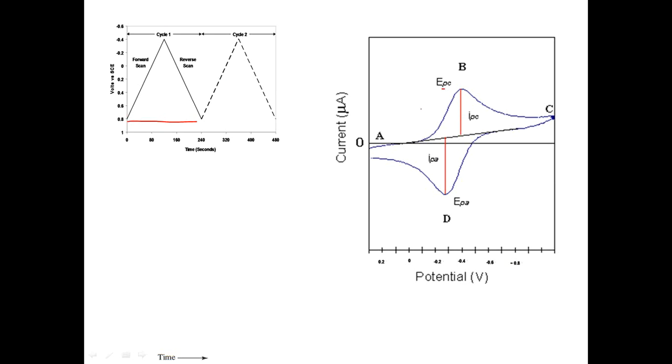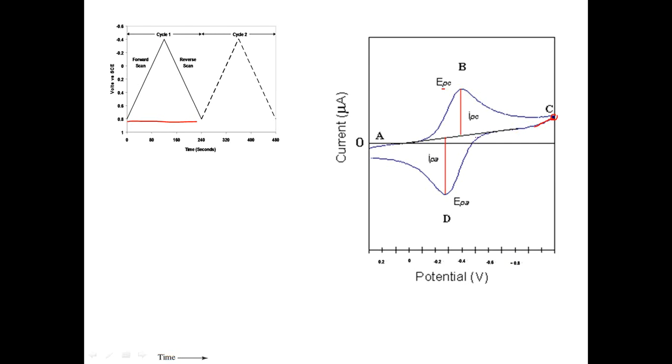The potential continues toward the switch potential, and once E half is crossed, the current reduces because the concentration of the electroactive species is decreasing. At the switch potential, the potential is reversed and it goes to the reverse scan. Because the potential is still in the negative region, any electroactive species left over is still reduced, generating some current.